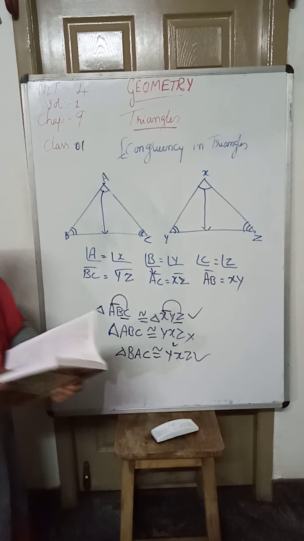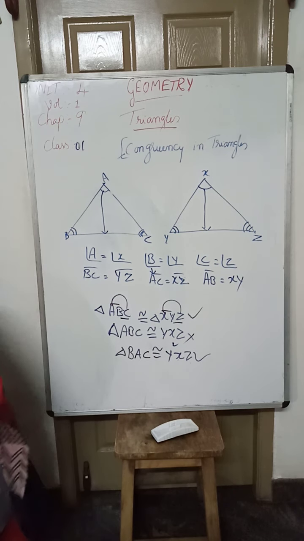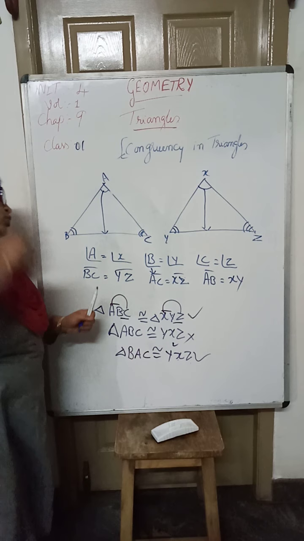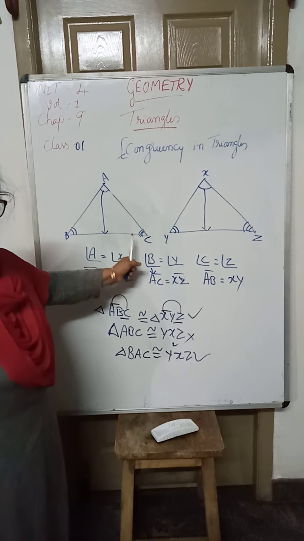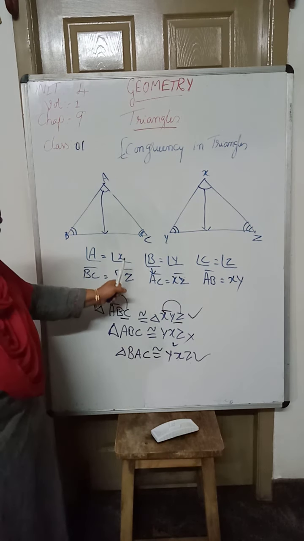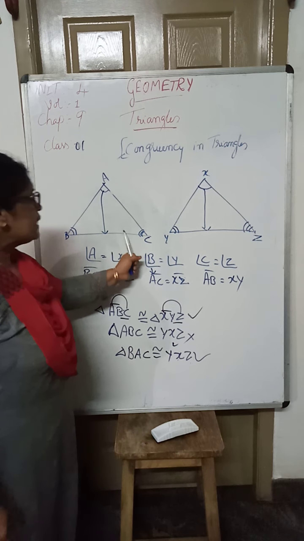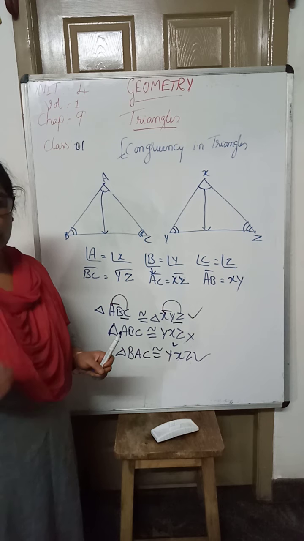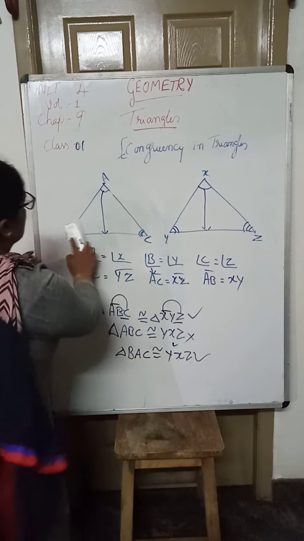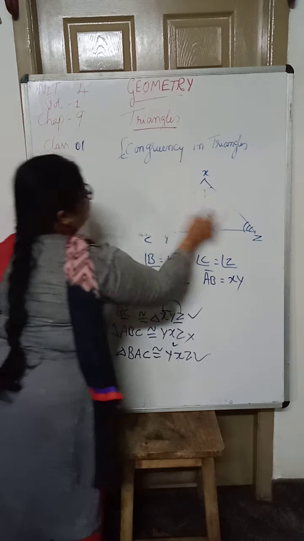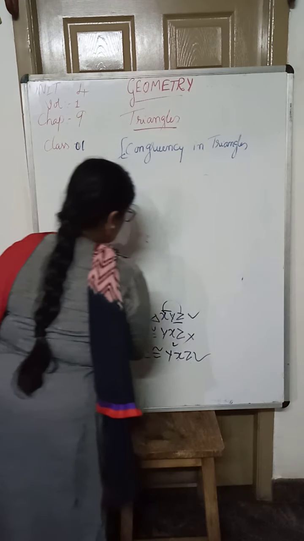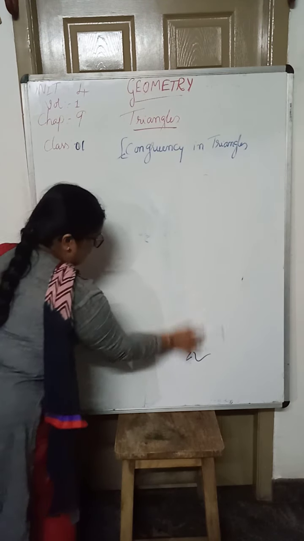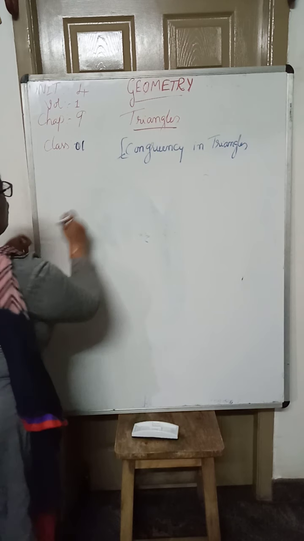Now next point is to identify whether two triangles are congruent. We need not go for all the 6 properties. There are 5 rules for this, the congruency rules, the conditions for congruency.